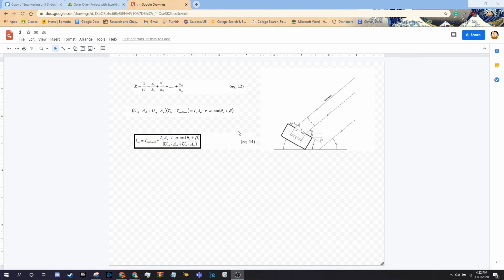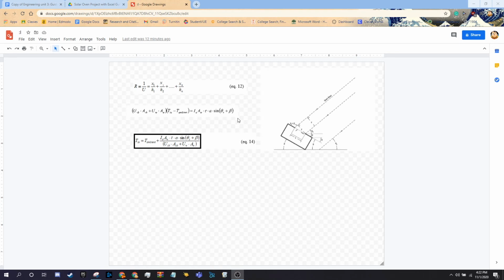Equation 13 shows the variables given to us which affect the energy inside the solar oven. An example would be the area, or the angle, at which the sun rays enter the solar oven.